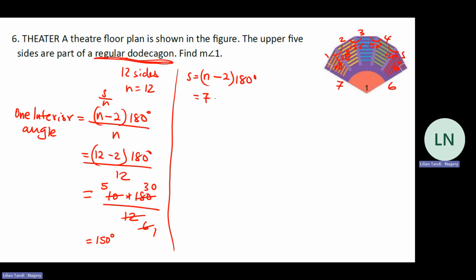So that gives us 7 minus 2 times 180. That gives us 5 times 180. If you put this in the calculator, you should get 900. Okay? Now, so what are you going to do now?